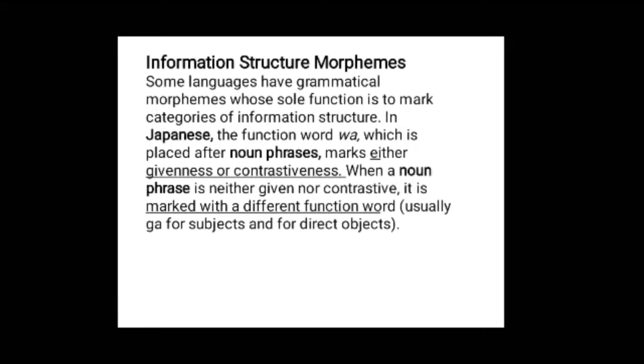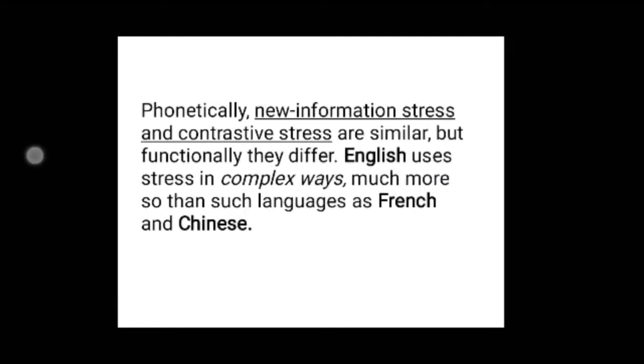Some languages have grammatical morphemes whose sole function is to mark categories of information structure. In Japanese, the function word wa, which is placed after noun phrases, marks either givenness or contrastiveness. When a noun phrase is neither given nor contrastive, it is marked with a different function word, usually ga for subjects and o for direct objects.